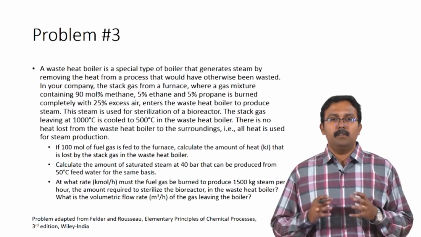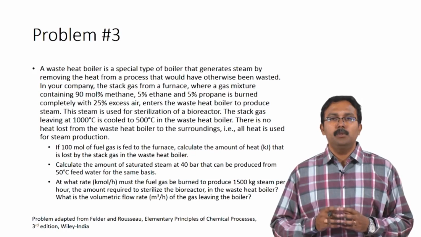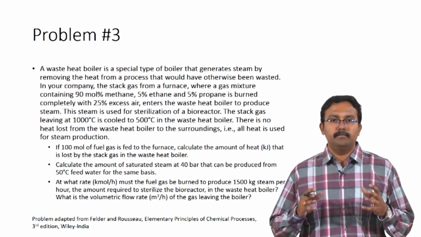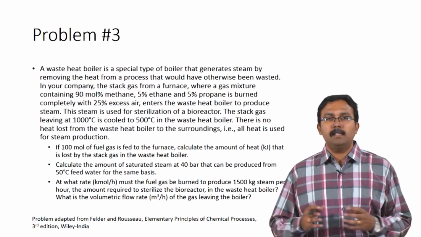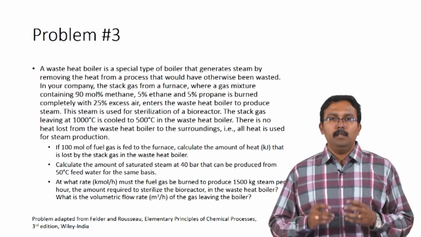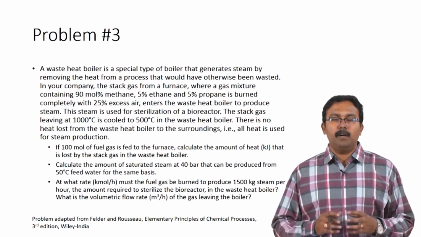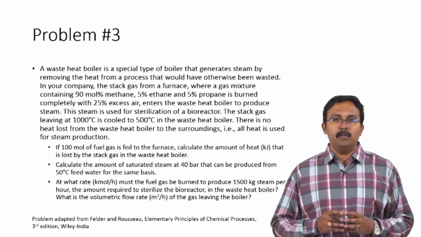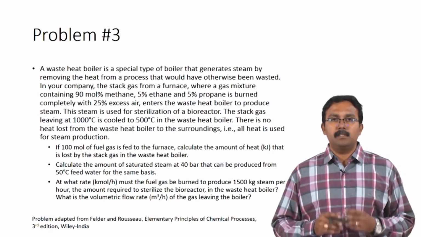So, now we have a problem where we are asked to calculate the amount or masses of substances. So, here we can actually perform these calculations, but first we need to look at the material balance which is required.